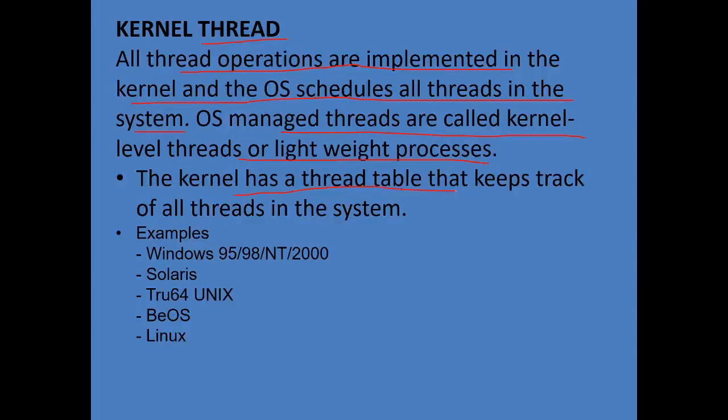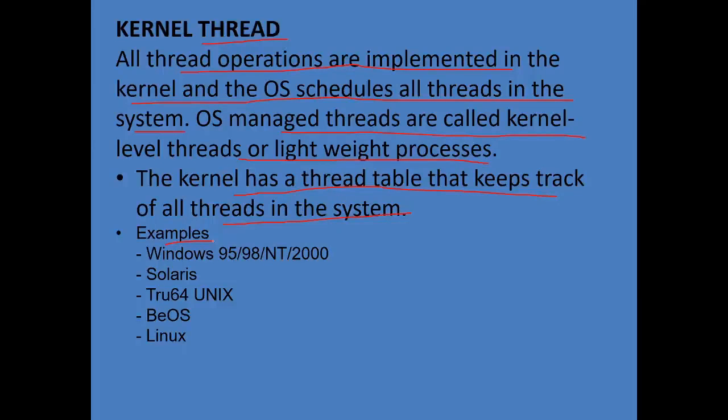The kernel has a thread table that keeps track of all threads in the system. So whenever any application has to be executed, the threads are created in the kernel, and it maintains one table which keeps track of a particular thread, what it is doing, and all this information.